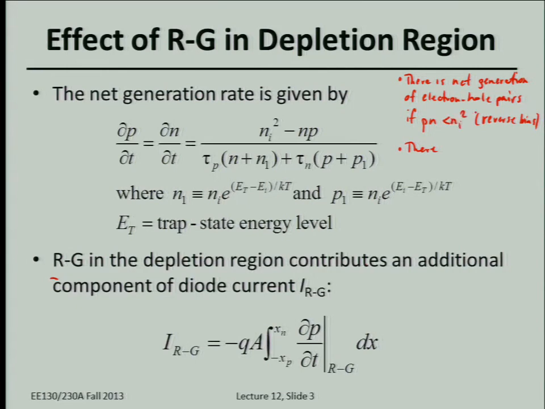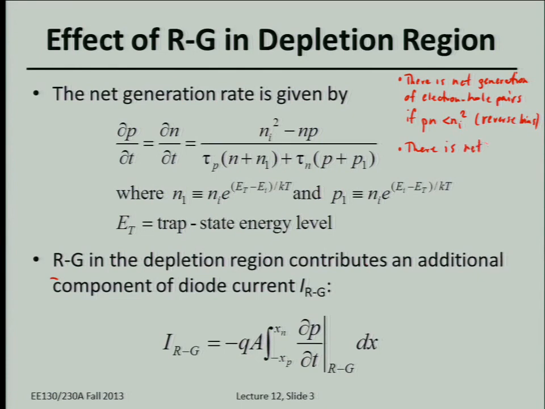So if pn is less than ni squared because of reverse bias, then you'll have net generation of electron hole pairs in the depletion region. Okay, so that means the rate of change of p and n with respect to time is positive.